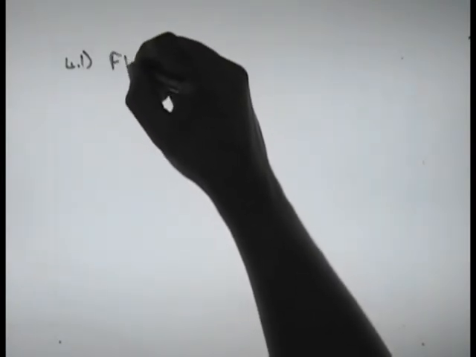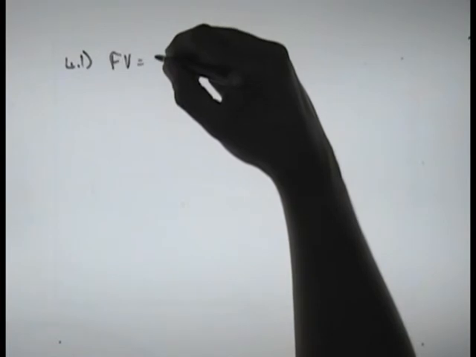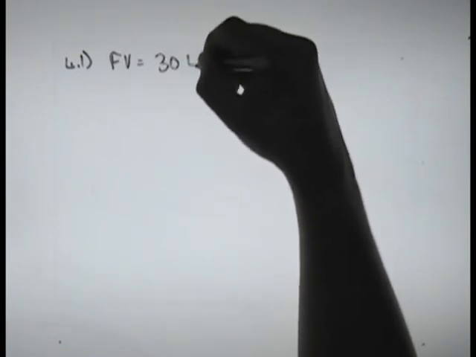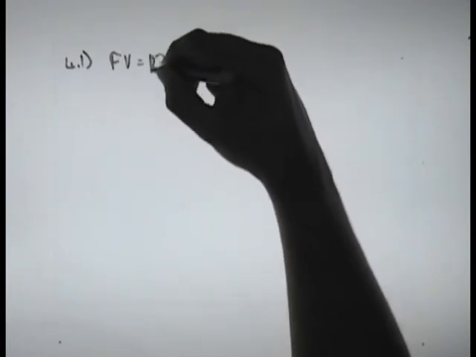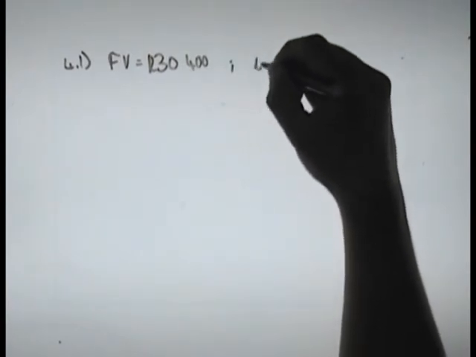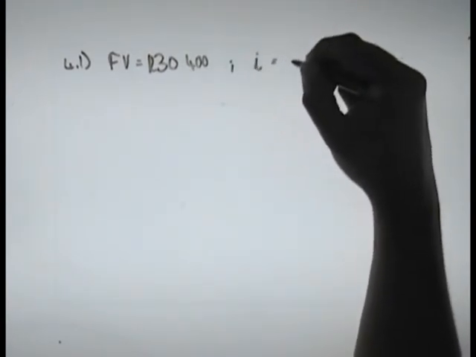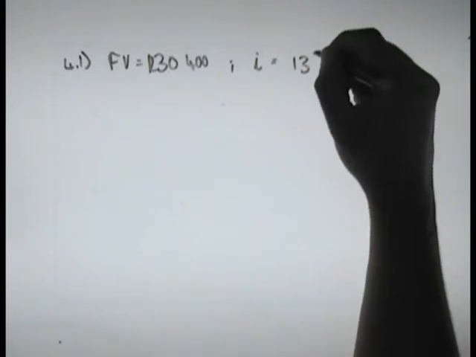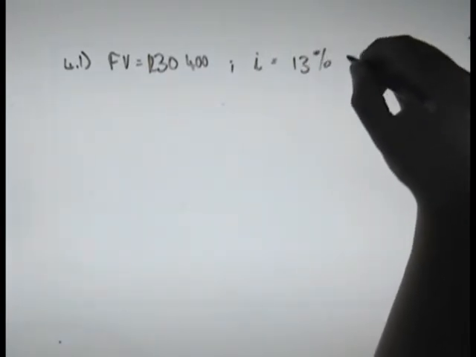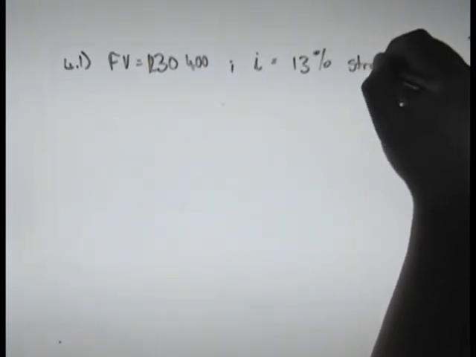So we know that the future value of our equipment is 30,400 Rand. We also know that it is depreciating at 13% per annum, but that's straight line. Just make a note of that.